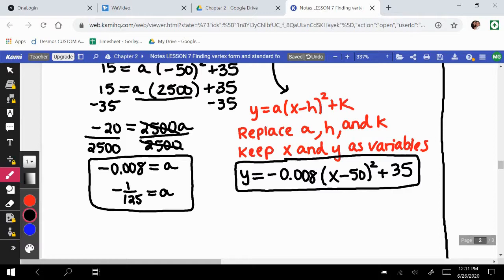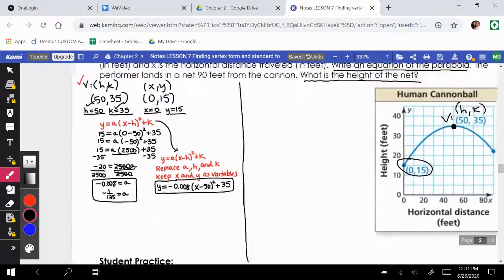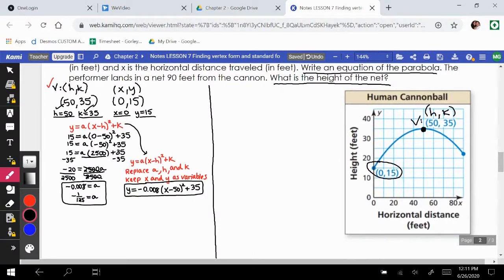Okay, now that we have the equation of the parabola, we can talk about part B. It says, what is the height of the net? It says that the performer lands in a net 90 feet from the cannon. What is the height of the net? So keep in mind the x-axis here represents horizontal distance, where the y-axis is going to represent the height in feet of the net.